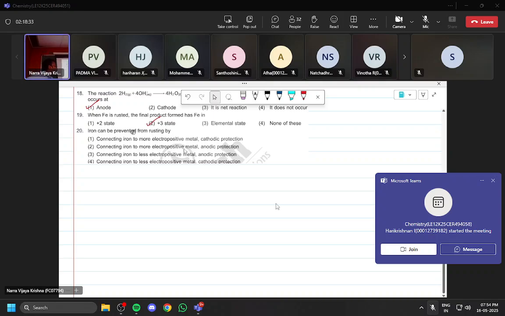Connecting iron to a more electropositive metal, anodic protection? Connecting iron to a less electropositive metal? Connecting iron to a more electropositive metal only, no doubt, right? Then what happens? That metal undergoes oxidation. So then is it anodic protection or cathodic protection? Correct or not? Check.